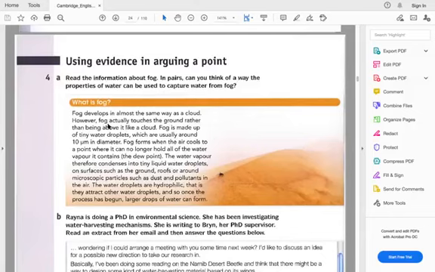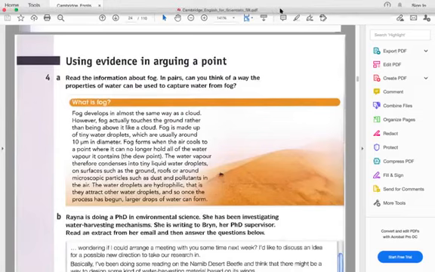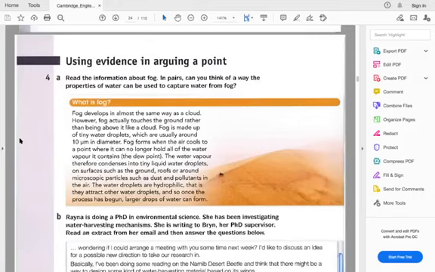Fog develops in almost the same way as a cloud. However, fog actually touches the ground rather than being above it like a cloud. Fog is made up of tiny water droplets. What is the meaning of droplets? Droplets means tiny drops, which are usually around 10 micrometer in diameter.